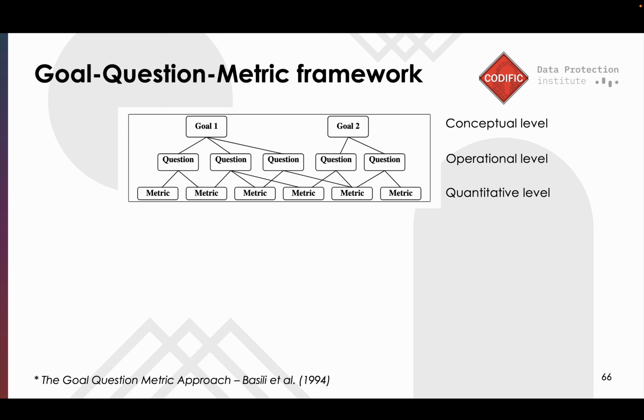That is the wrong direction. The GQM approach flips it. You start with a goal, a clear objective you care about. Then you define questions that help you understand whether you're making progress towards that goal. And finally, you identify metrics that can answer those questions.